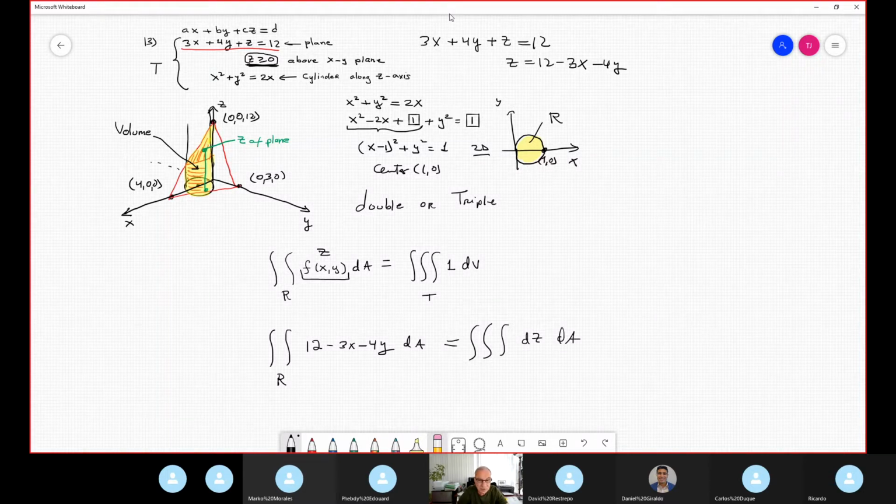The limits of integration are obvious: from 0 to the z of the plane, which is 12 - 3x - 4y. When you perform the first level of the integral, the integral of dz is z, evaluated between this and this, you get exactly the same as this. And the rest, the double integral, you are doing over the region R. Do you see it's the same thing? Yes or no? Answer me, please.